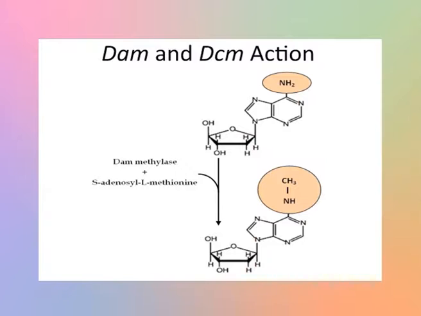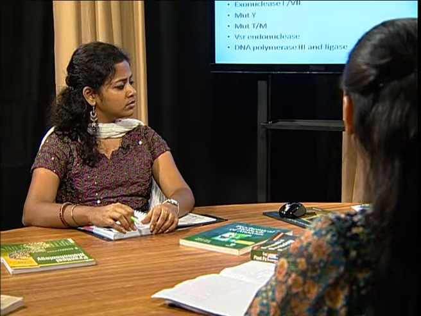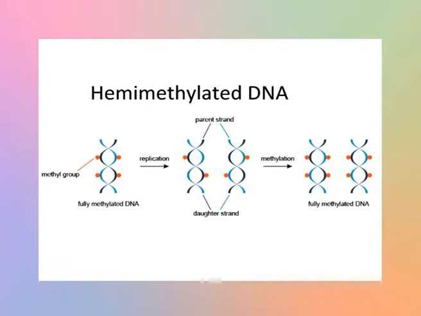This does not give rise to mismatch bonding, but it helps the bacteria escape restriction enzyme attack. But just before methylation of the daughter strand, after replication, a time gap is there. This condition is called the hemimethylated condition. The mother strand A is methylated but the daughter strand not yet.